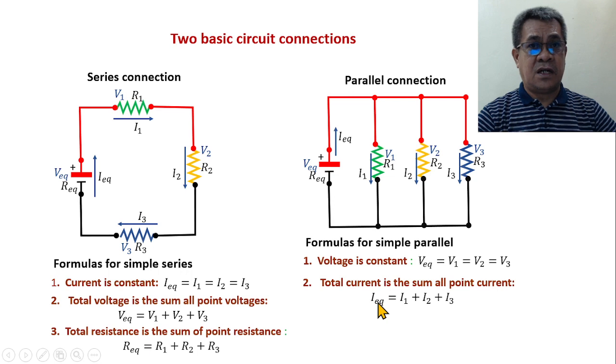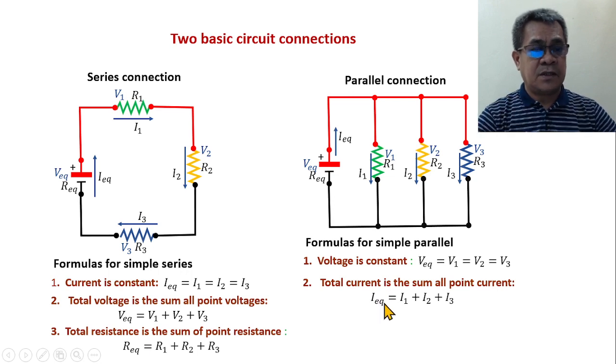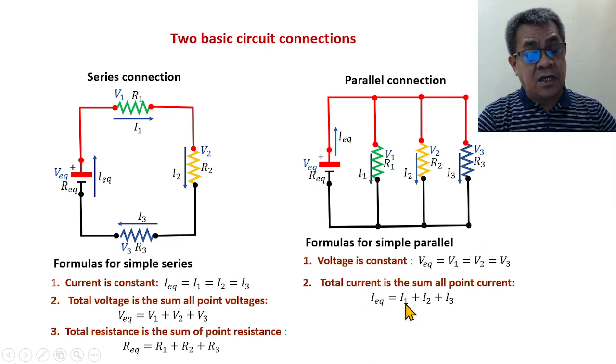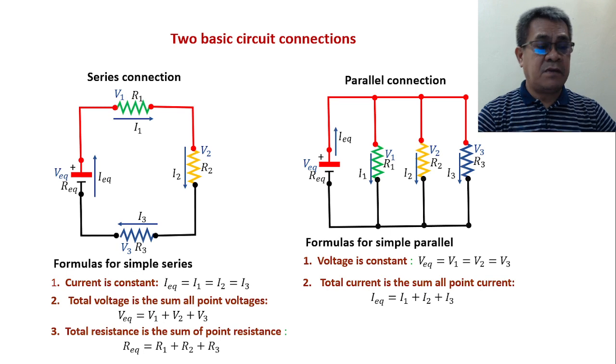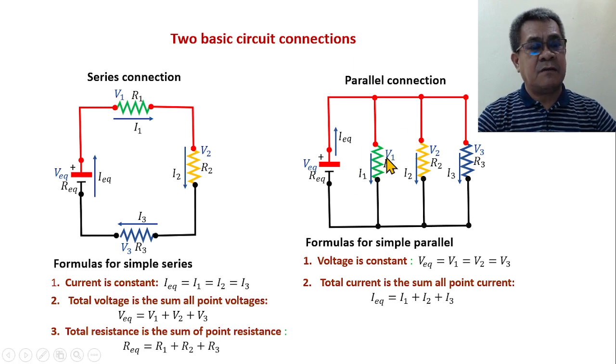Remember, Ohm's law, I is equal to V over R, which means that I equivalent is V equivalent over R equivalent. And also I1 can be calculated using Ohm's law by dividing V1 by R1. So if you divide V1 by R1, the result is I1. So you can replace it here. And also I2 can be calculated by dividing V2 over R2. And also I3, dividing V3 over R3.